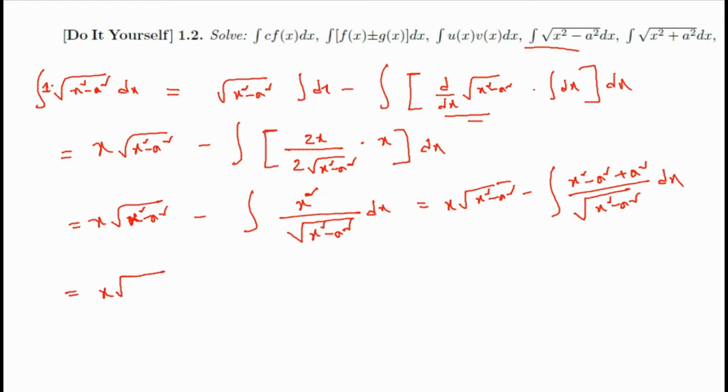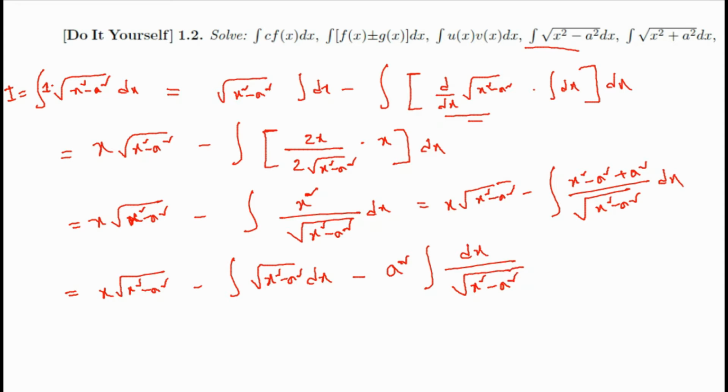Here just see, x root x square minus a square minus integration root over x square minus a square dx, and we will denote it as I. This minus, if you take a square common, then dx by root x square minus a square, and here this I will go to the left side.